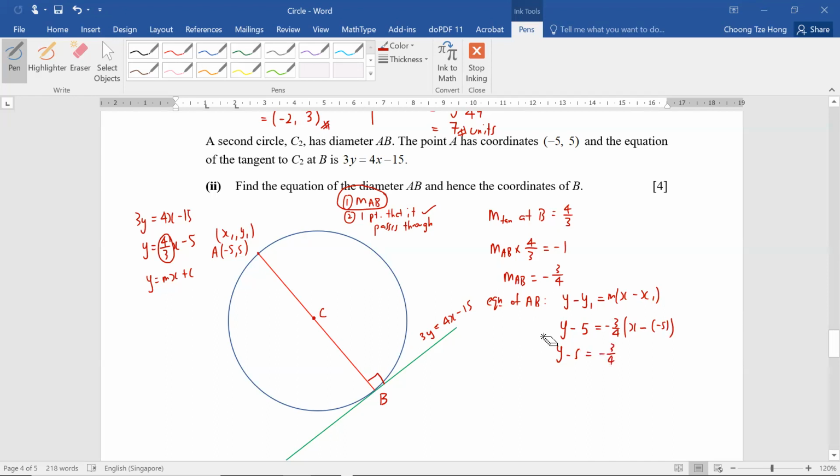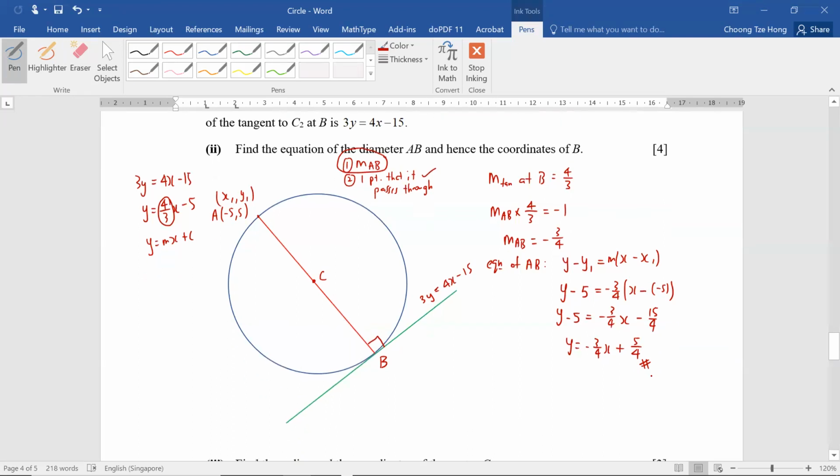Let me write this properly. If I expand this, -3/4 times +5, you get -15/4. Then just bring the 5 over. 5 is 20/4, so you just get +5/4. This will be the answer for the equation of the diameter AB.